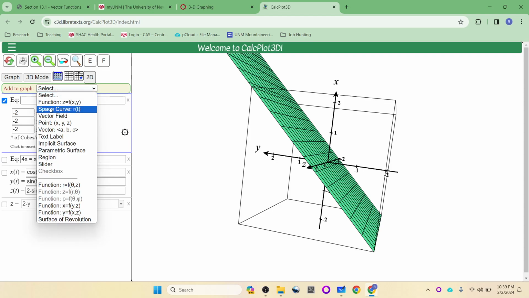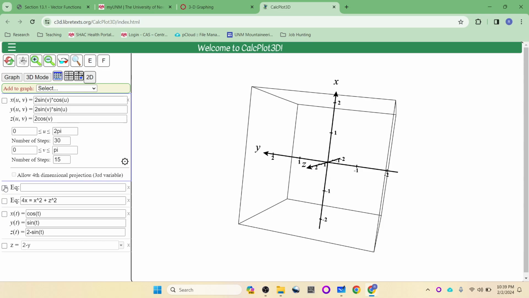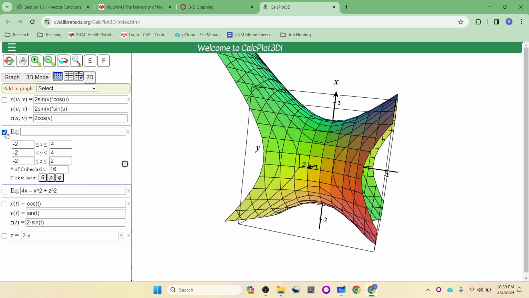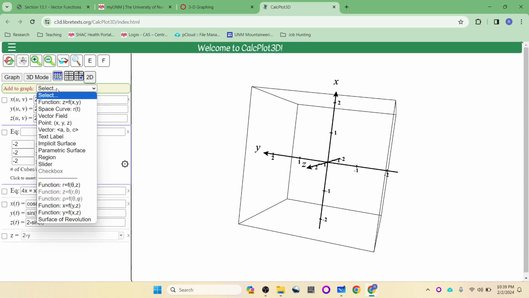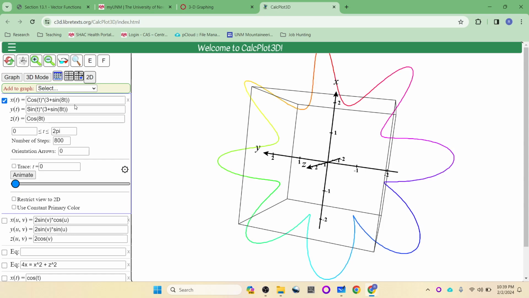So we will use a parametric surface here. Hang on a second. Oh, no, sorry. It's not a surface. It's a curve. A parametric surface would be if we had 2 inputs. We're not there yet. So it is a space curve again. That's what I meant to say.